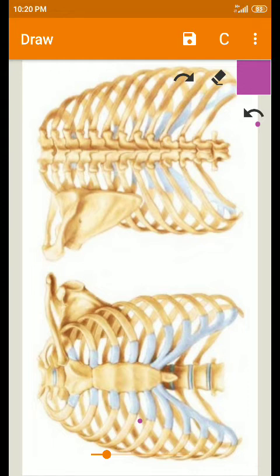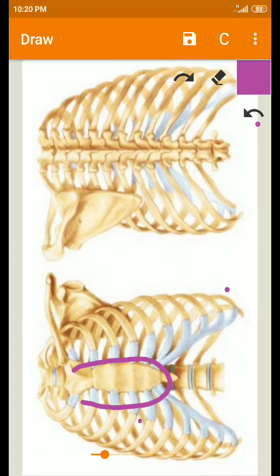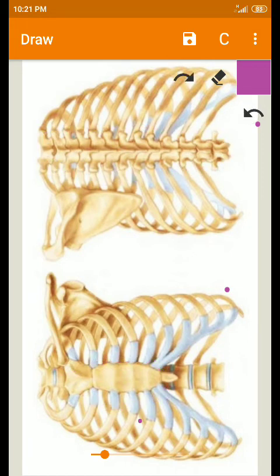So actually this thoracic cage consists of many bones. So anteriorly it is having sternum and 12 pairs of ribs, and posteriorly it consists of 12 thoracic vertebrae. So normally in a vertebral column, we are having 33 vertebrae: 7 cervical, 12 thoracic, 5 lumbar, 5 sacrum and 4 coccyx.